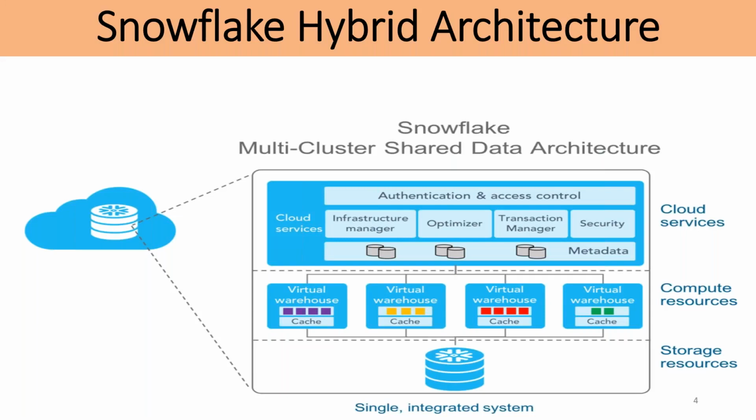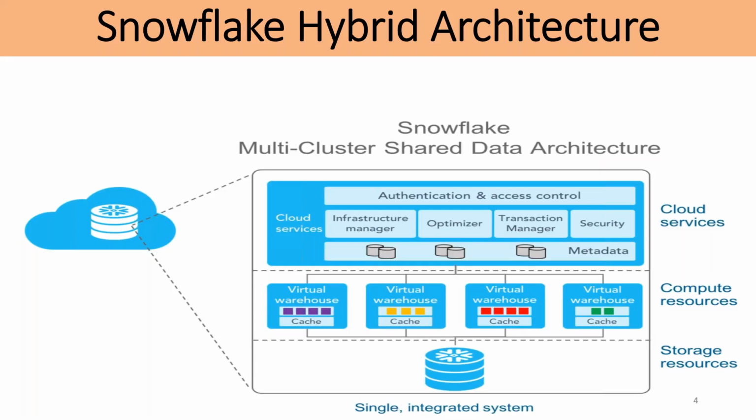So let's recap what we have spoken, right? There are three layers when we talk about Snowflake architecture. These three layers are very important: the storage layer, the compute layer, and the cloud services layer.